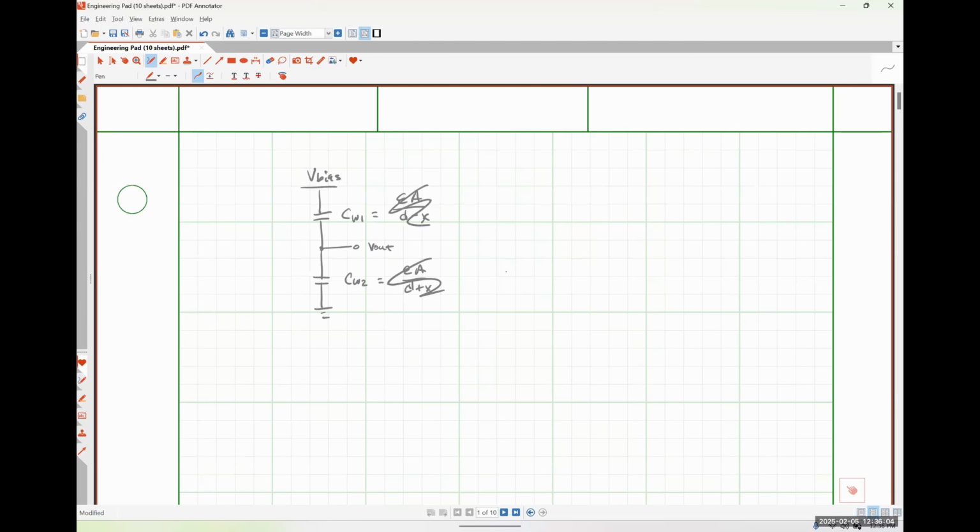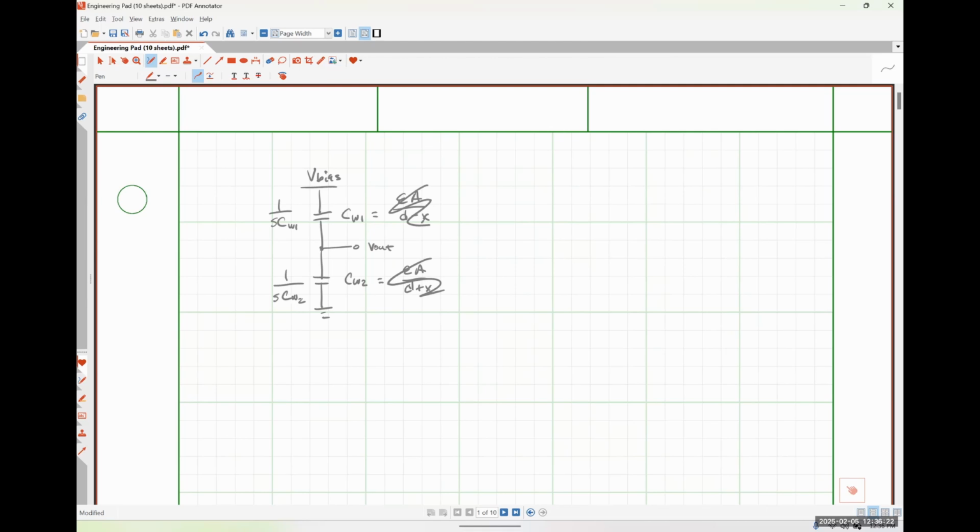So for voltage division with capacitors, if we use the S domain impedance, that's going to look like 1 over S CW1, and this is 1 over S CW2.